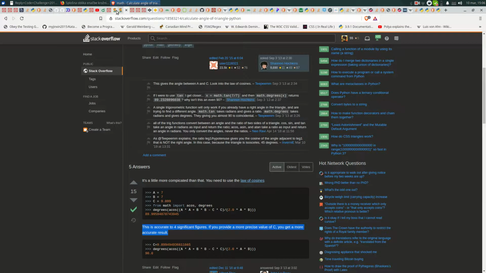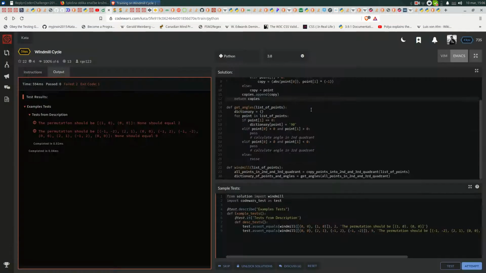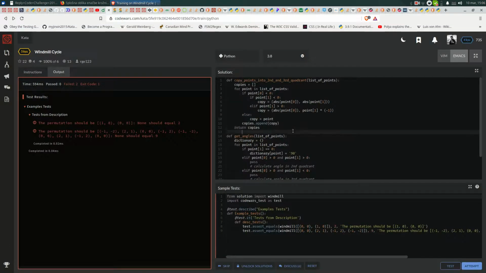So you got A, B, C. Over here, make another function called define get angle, to get angle in second quadrant, and do point.